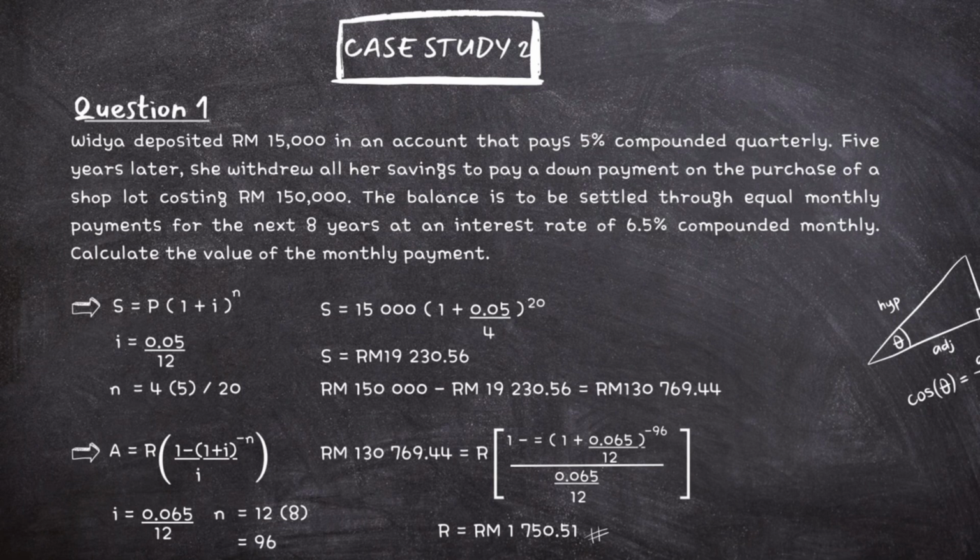And n is 12 times 8, since it is compounded monthly times 8 years, which equals 96. After plugging all the information into the formula, we get the monthly payment of 1,750 ringgit 51 cents. That's all for question 1.